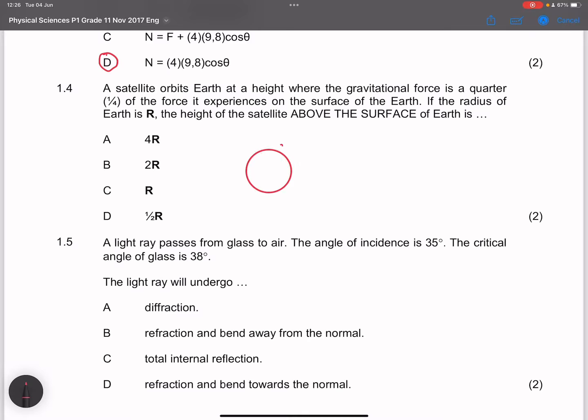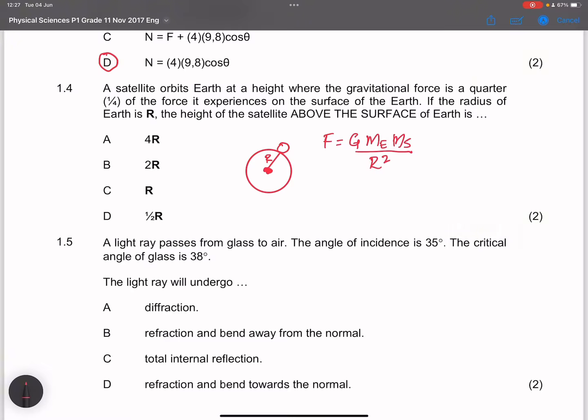If we placed the satellite there, it would experience a force F. Let's say the radius of the Earth is R. Now note force F would simply be G, the mass of the Earth, the mass of the satellite, divided by R squared. They say to us, if the radius of the Earth is R, the height of the satellite above the surface of the Earth is.